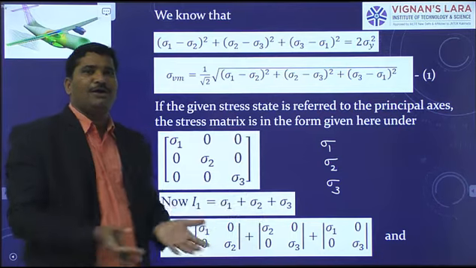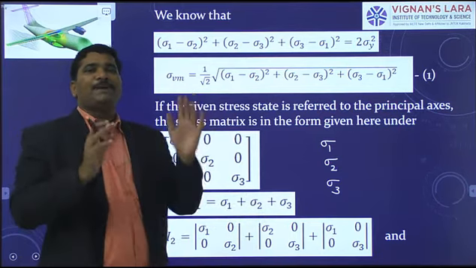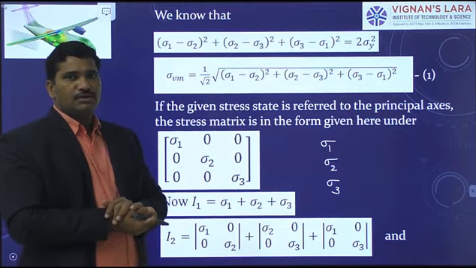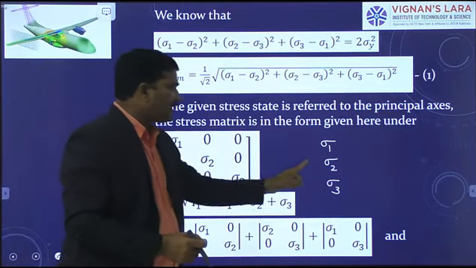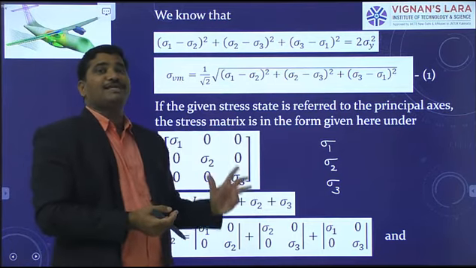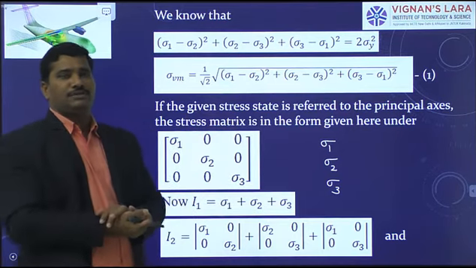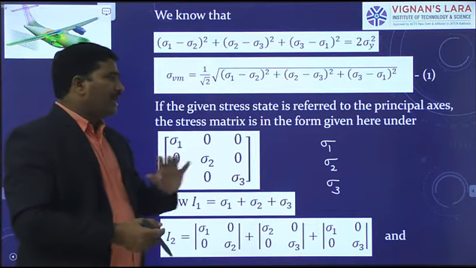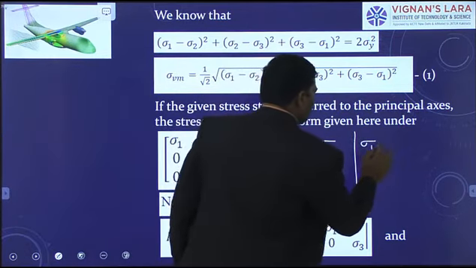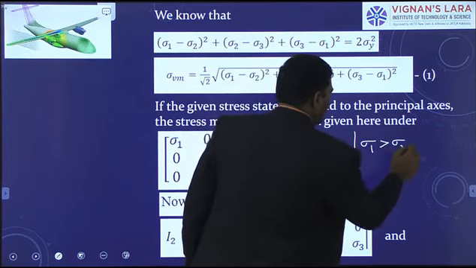For such a problem, you can determine three principal stresses. What are they? Sigma 1, sigma 2, sigma 3. Which one is maximum? Which one is minimum? A question comes to mind. Now, I assume that sigma 1 is greater than sigma 2, which is greater than sigma 3.